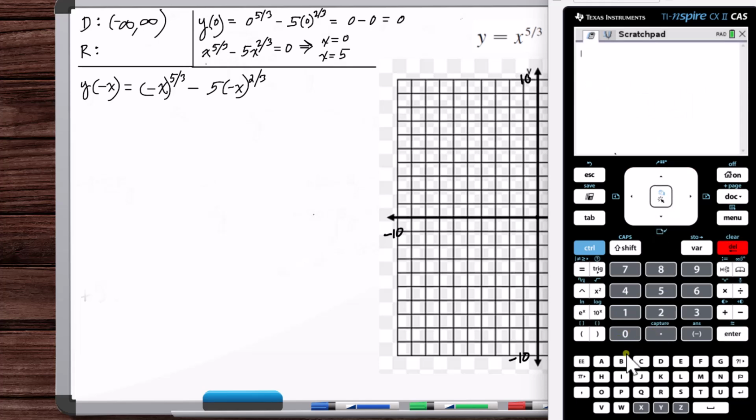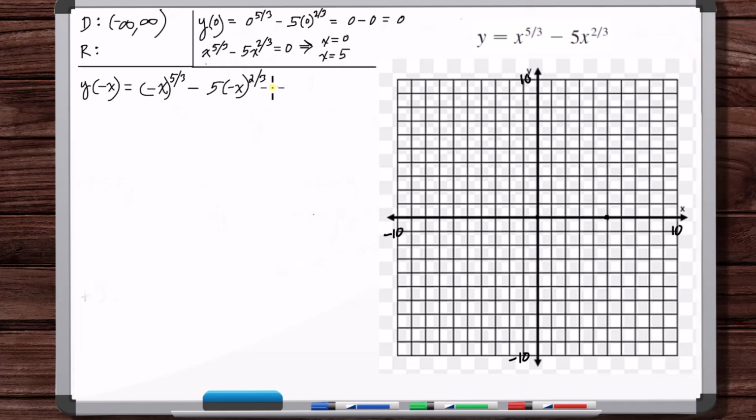No. Okay, so minus x to the 5/3 minus 5 times minus x to the 2/3. What do we get here? Minus x to the 5/3 minus 5x to the 2/3. This is not equal to the original function.